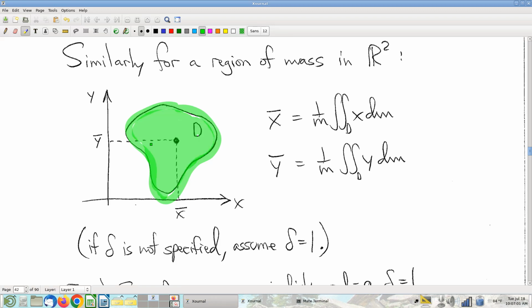It's not a physical thing. It's just a geometric thing for whatever reason. Some reasons are going to come up in a few minutes. But in that case, if you're interested only in the shape, if there's no mention of mass, just assume the density is 1 and same arguments. Makes sense. Okay. All right.